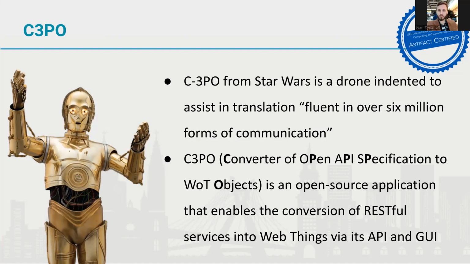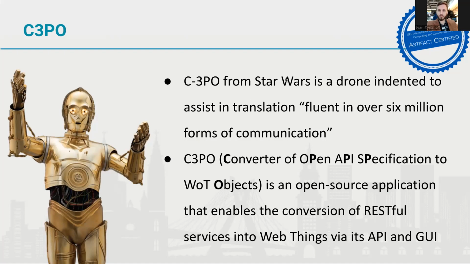So our application is called C3PO because it converts OpenAPI specifications to WoT objects. As you can see, it's kind of funny, but the idea is that it is a translation. It translates OpenAPI specification for a RESTful service into a WoT Thing Description.